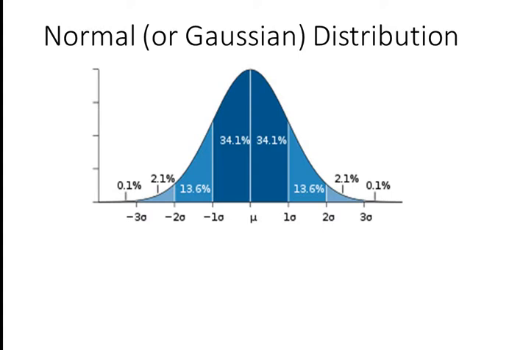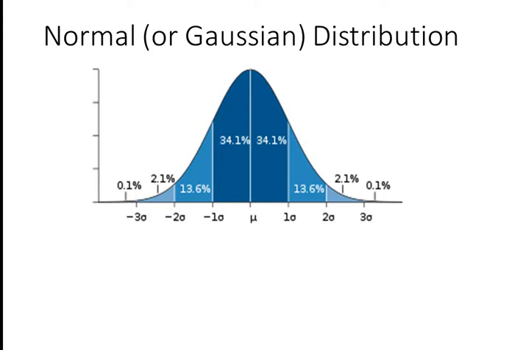The mean can have any numerical value, positive or negative or 0, so we don't have any numerical values now on our horizontal axis, but we suppose that there can be any numerical value. And we see that the normal distribution is symmetric around its mean.